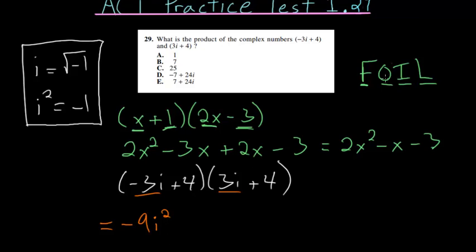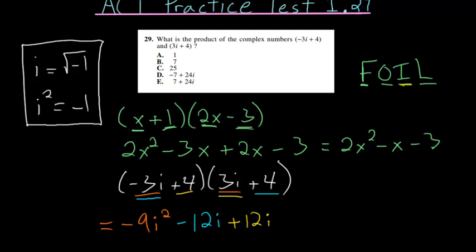And then we'll go to the outer terms. So that's going to be our minus 3i and positive 4, which multiply together to give us minus 12i. And then we want to do the inner terms. So that's our plus 4 and our 3i multiplied together to give plus 12i.